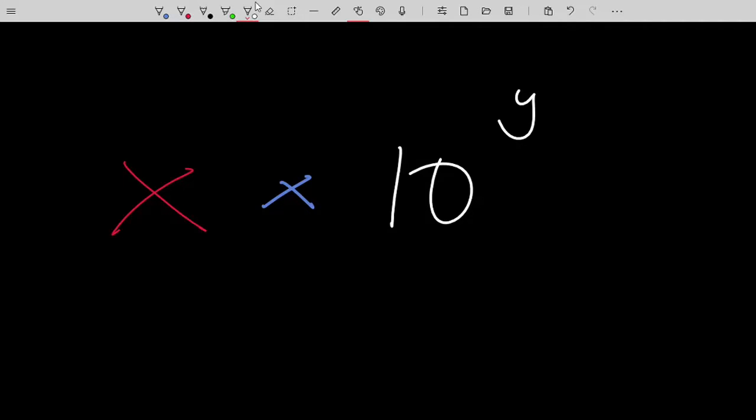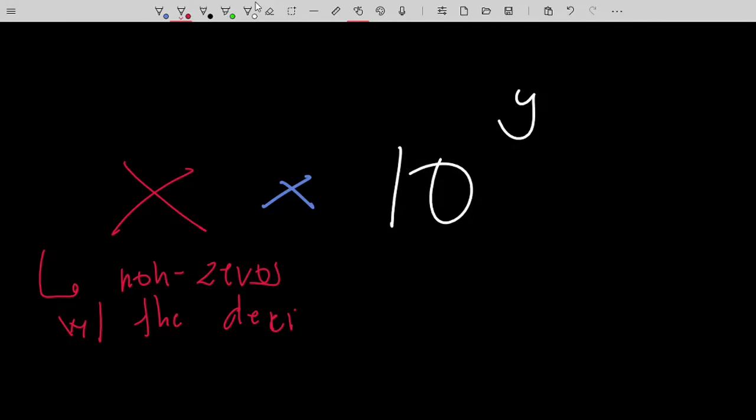So basically, in doing scientific notation, we follow this format, which is x times 10 raised to the y power. Now your x here indicates the non-zero number with the decimal in a new position.